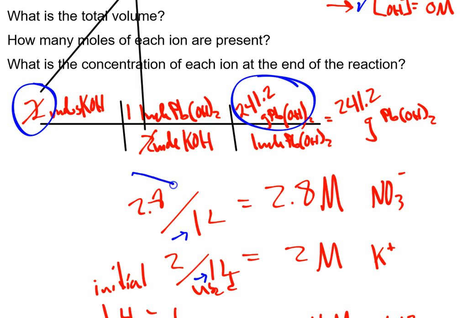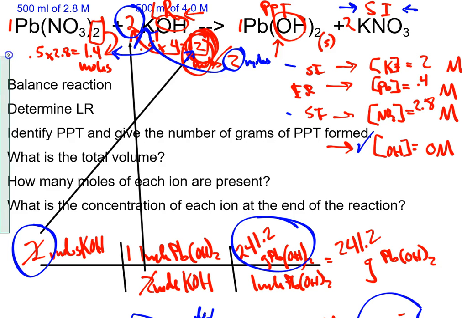Do you know where this 2.8 came from? Okay, some of you won't. Look right here. 2.8, this is your moles of NO3. Coming back to the top, your moles of PbNO3 was 1.4.